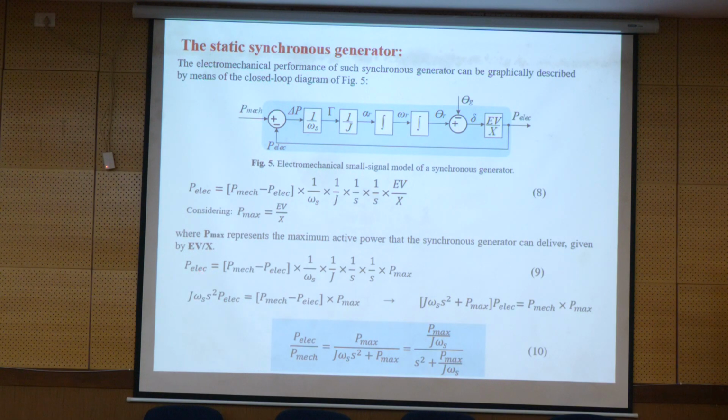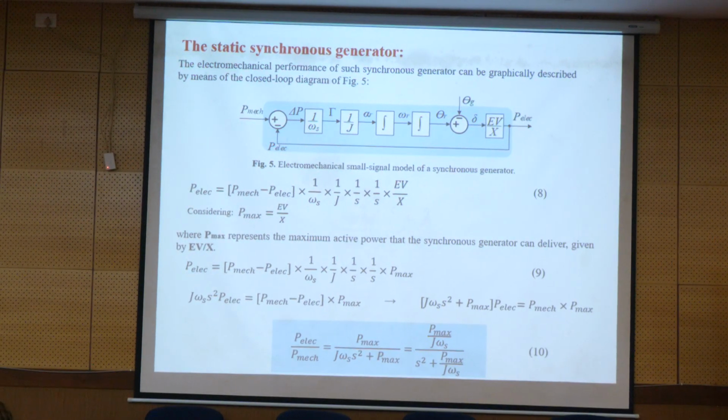So P electrical equals P mechanical minus P electrical times 1 over omega S, 1 over J, 1 over S, 1 over S, P max. If we calculate this equation, P electrical is equal to P mechanical minus P electrical times P max over S squared J omega. By moving S squared J omega to the other side, S squared J omega P electrical is equal to P mechanical minus P electrical times P max. Is it clear enough?